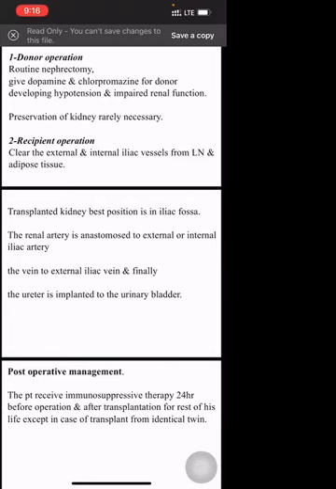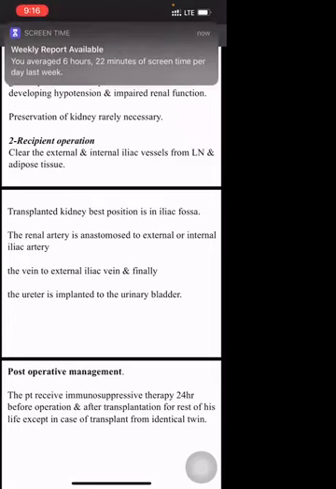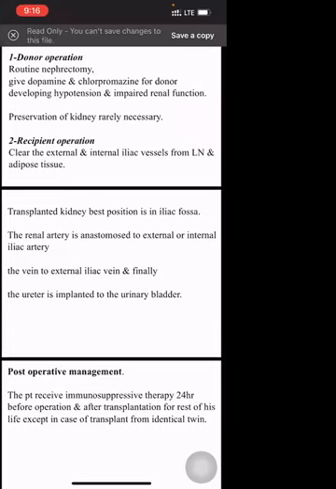It is not an absolute indication, but it is better to use the left one and put it in the right iliac fossa of the patient, then do anastomosis of the renal artery to the internal iliac artery, sometimes the external, and then the vein to the external iliac vein. The ureter is implanted into the bladder.